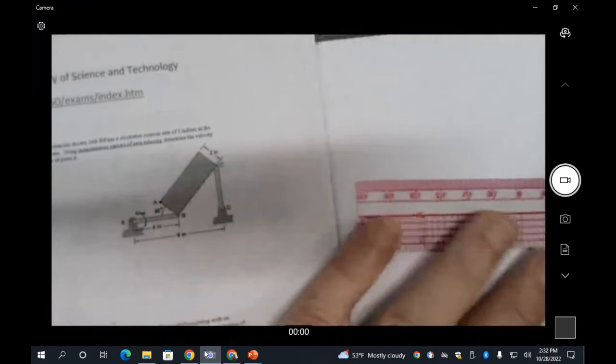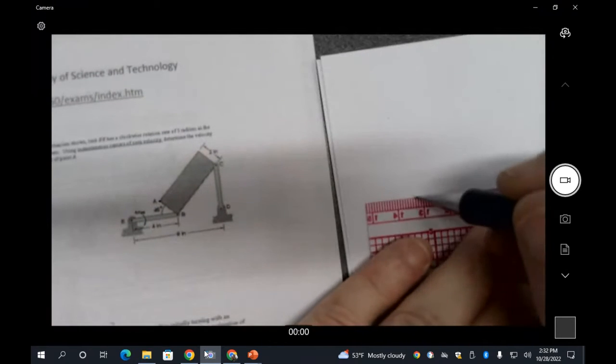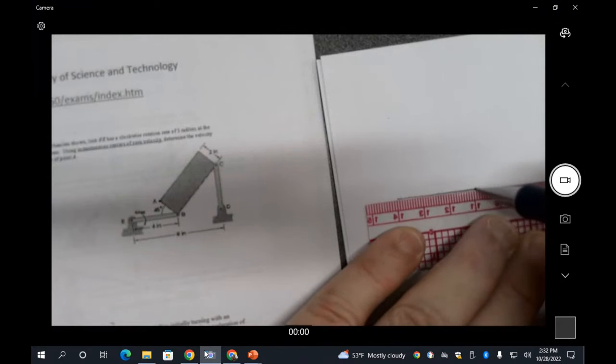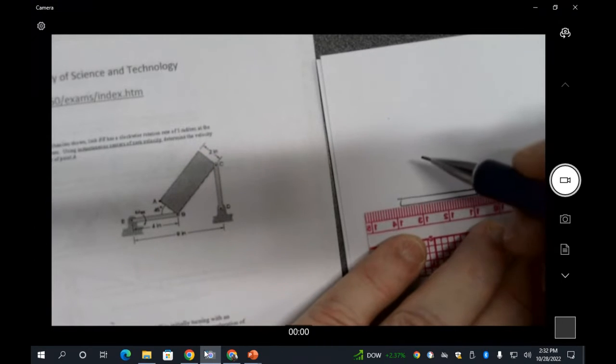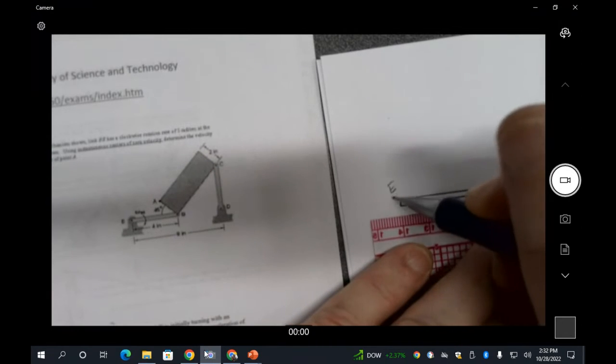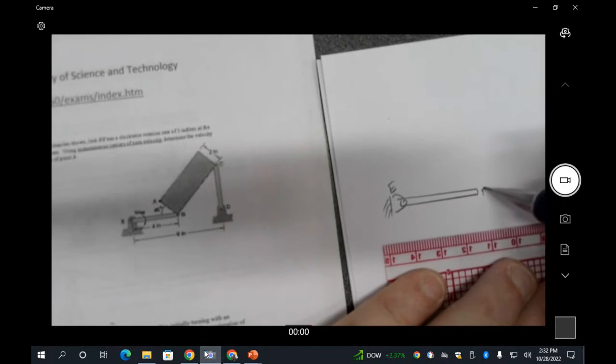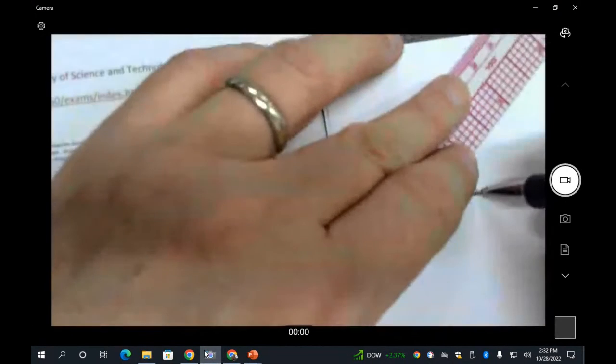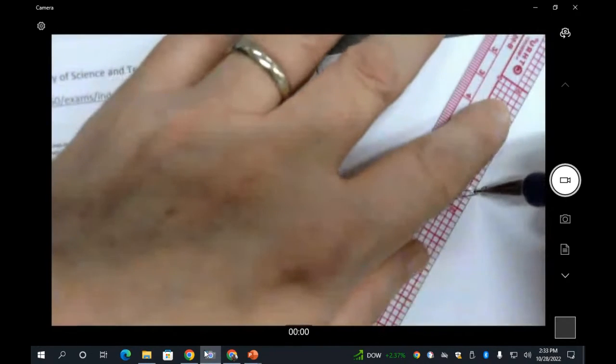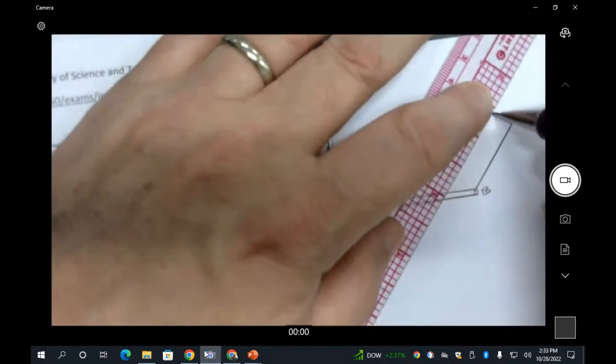So let's see, here's the problem. I'll write it out next to it. So we have link, no, I guess it's E and B. And this thing looks like it's probably at a 45 degree, yeah, it says it's a 45 degree angle.